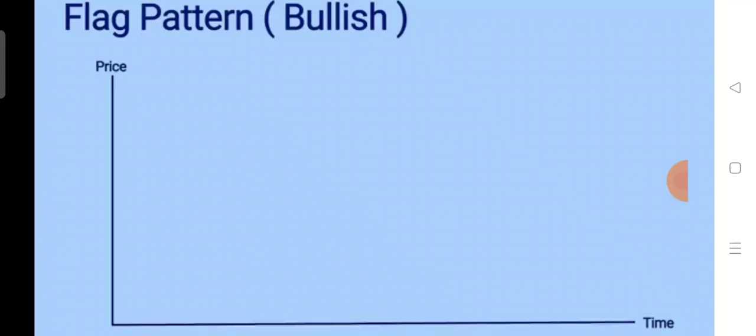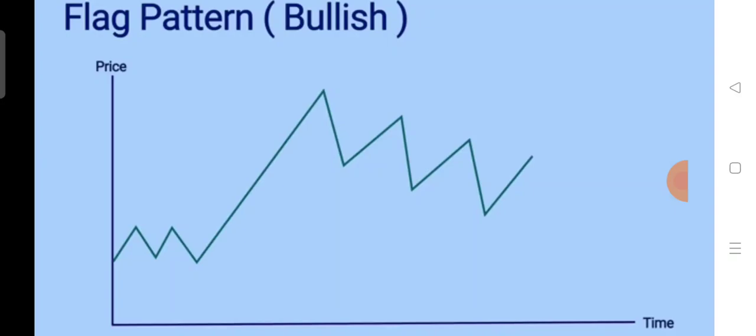So for the flag pattern, let us discuss the bullish flag first. First there has to be an up move. Then the price forms in the form of a parallelogram in the downward direction. So there is an up move, and then this kind of parallelogram is formed, and the price is within the range.